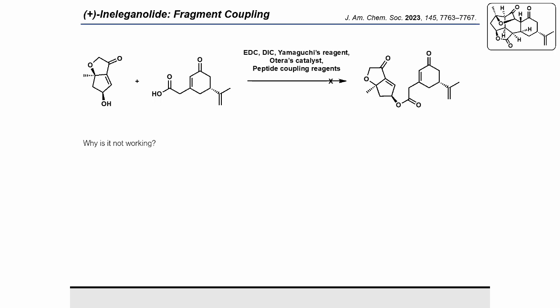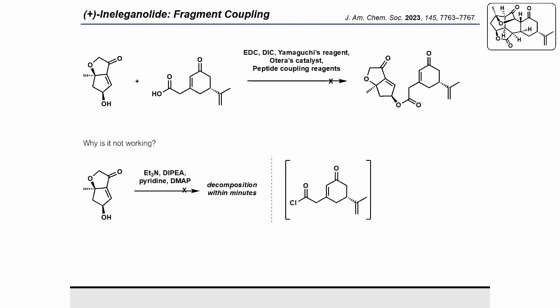One thing we had noticed while deprotecting our allylic alcohol of our enone was the incompatibility of basic reagents. To run a control, we stirred up our enone with different amine bases and found that it decomposed rapidly within minutes. The other problem we had identified was that activating our carboxylic acid with a leaving group, for example as the acyl chloride, as commonly done in esterification strategies, could be problematic due to the alpha-acidic proton.